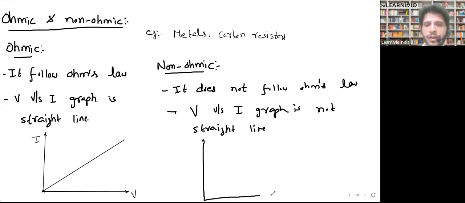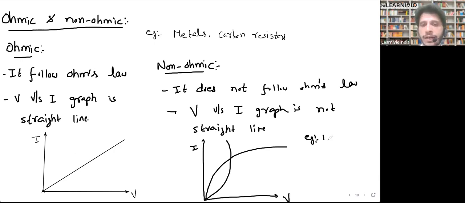So you can have various types of graph for a non-ohmic material. You can have V versus I graph in this way, or you can have these type of graphs. So these are non-ohmic. Some examples of non-ohmic devices in your syllabus are diodes. You will study diodes. These are non-ohmic. Transistor is not a part of syllabus now. Otherwise, transistor is also a non-ohmic material. Some examples of non-ohmic material.